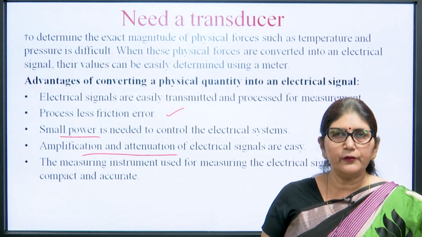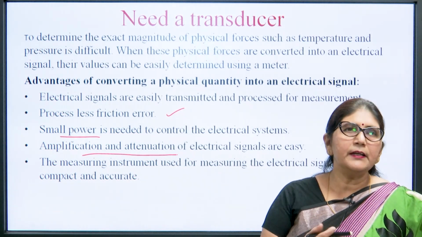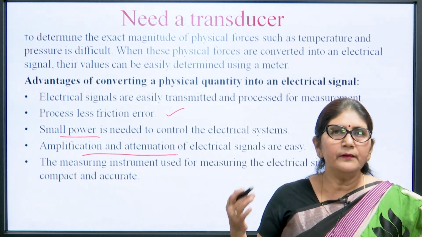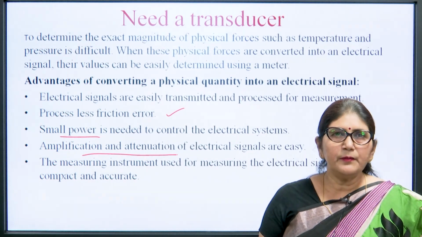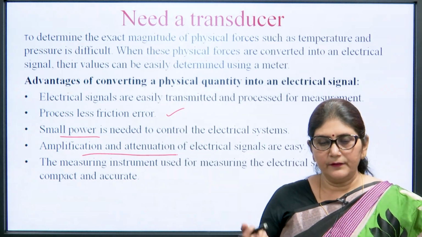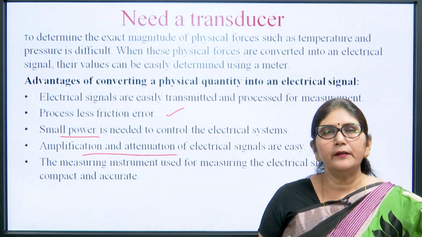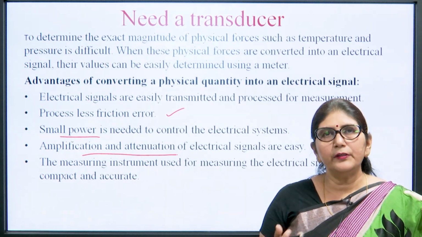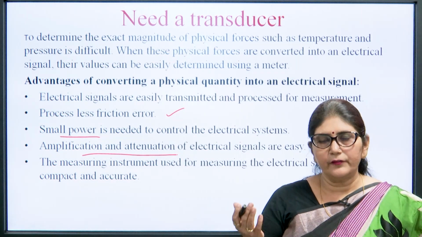If the signal amplitude is more, we can attenuate it, and if the signal amplitude is less, we can amplify it to operate the desired output equipment. Next, the measuring instruments used for measuring the electrical signal are very compact and accurate. These are the advantages of using a transducer that converts a physical quantity into an electrical signal.